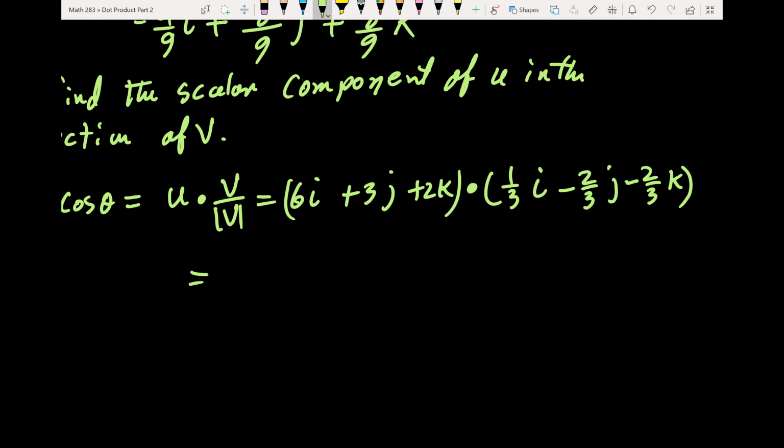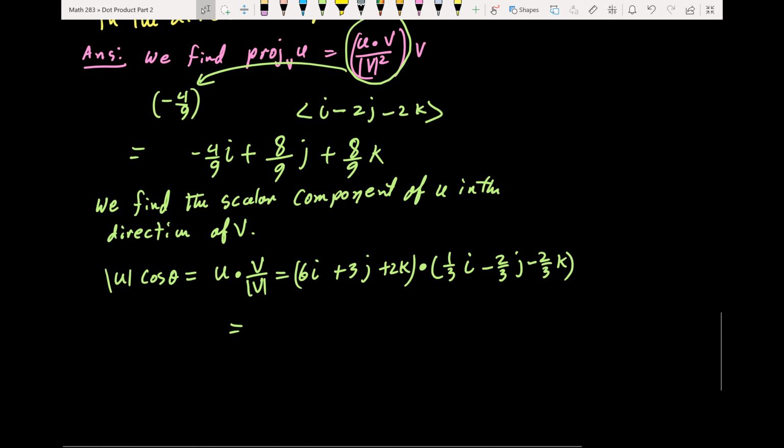No. You could do the dot product, divide by the magnitude, but what I've done is I've done this part first.